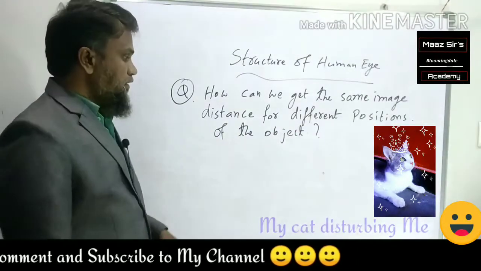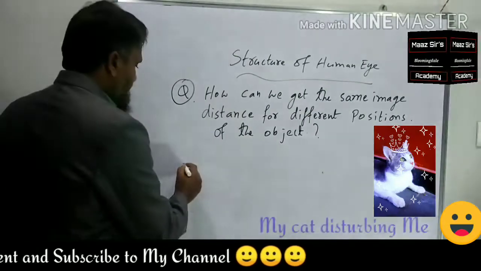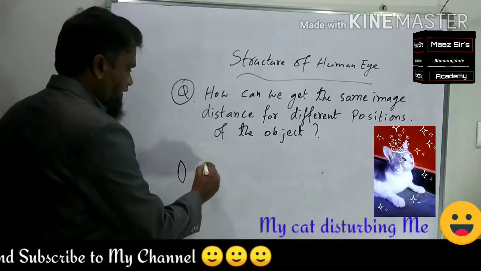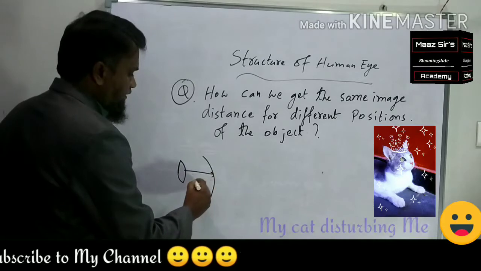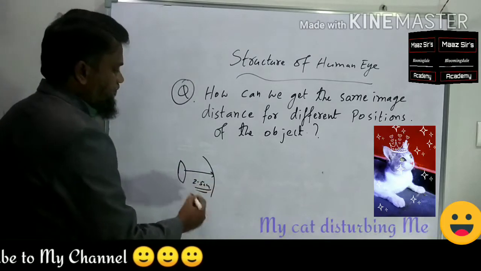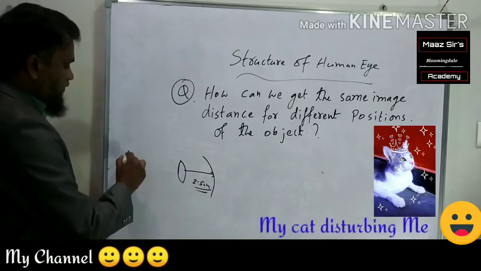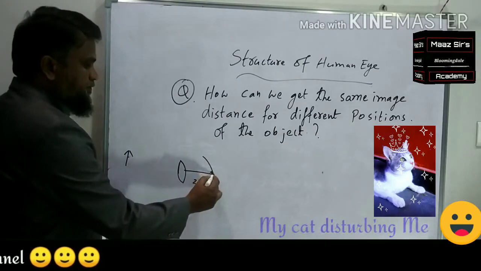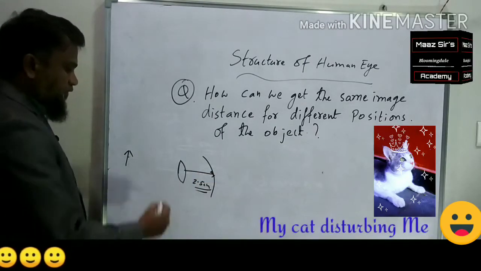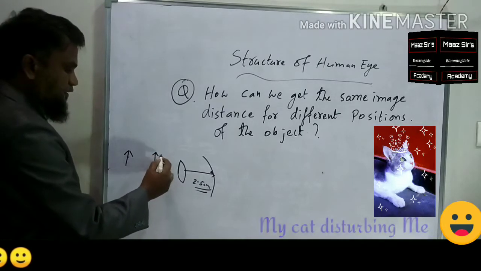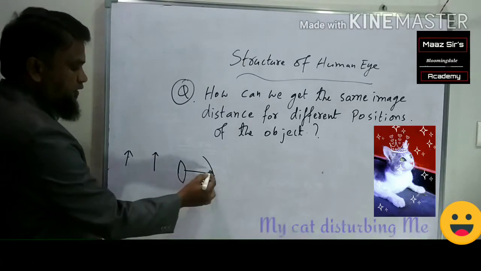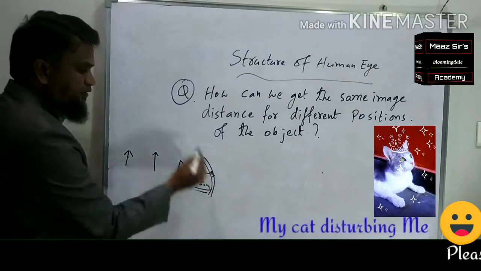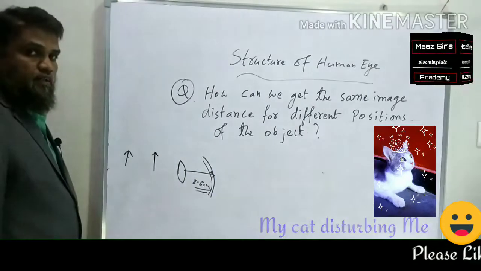For example, as I said, this is lens and this is retina. So the distance is 2.5 centimeter. If the object is somewhere here, we are getting the image on the retina. If the object is nearer to the lens also, we are getting the image on this retina itself.